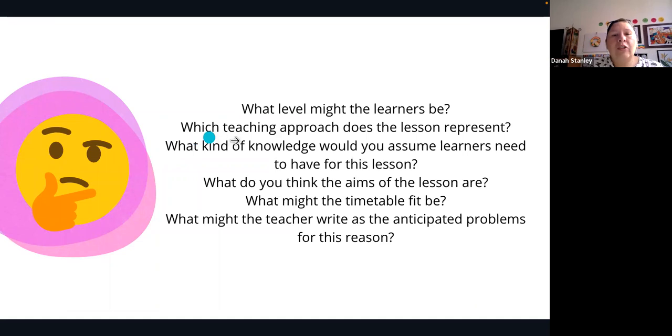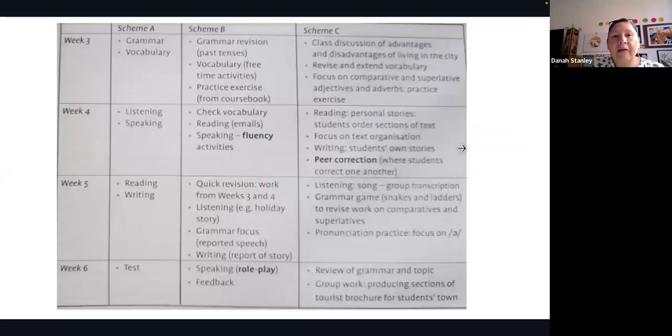Fíjense, which teaching approach does the lesson represent? ¿Qué será? TPR, PPP, task-based learning, guided discovery.